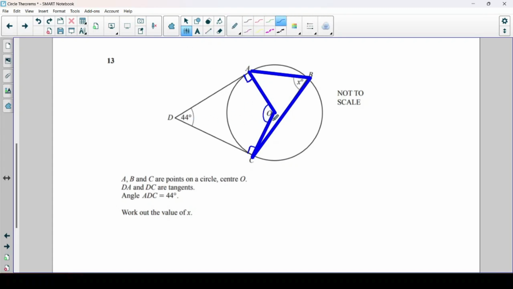We're already almost there because we've got a quadrilateral. It's not a cyclic quadrilateral because the points aren't all on the circumference, but the angles still add up to 360 degrees. So we're going to do 90 plus 90 plus 44, and that adds up to 224 degrees. And then I'm going to subtract that from 360.